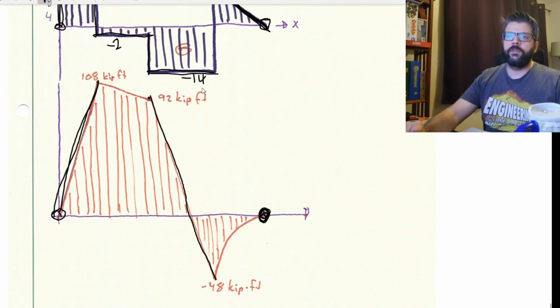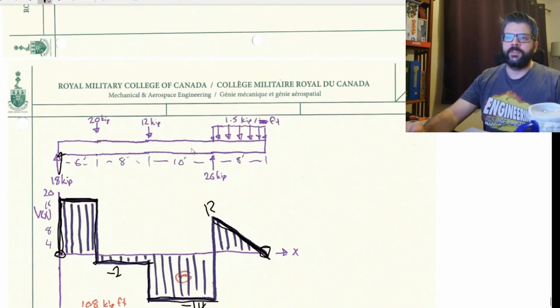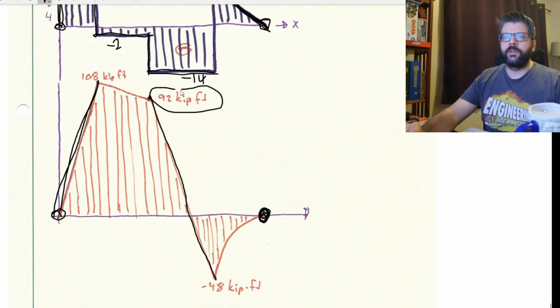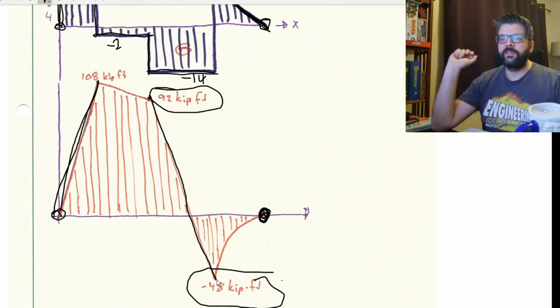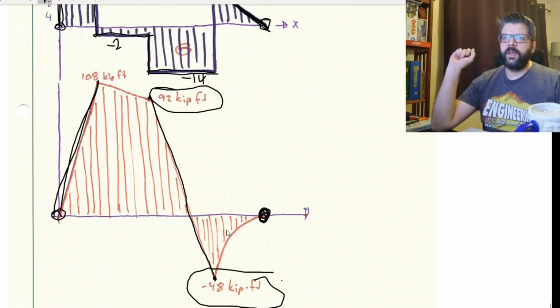The value that it is going to be decreasing is -14 kips times that 10 foot span, so -140. So 92 kip-feet minus 140 kip-feet is -48 kip-feet. So that's the value at this support here.